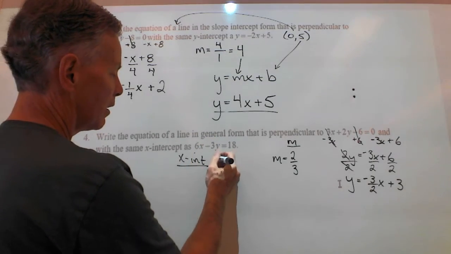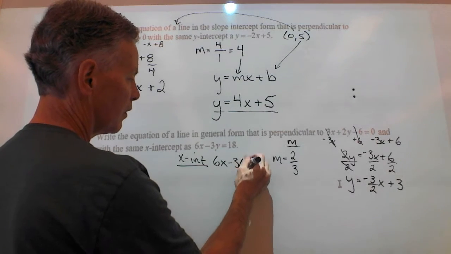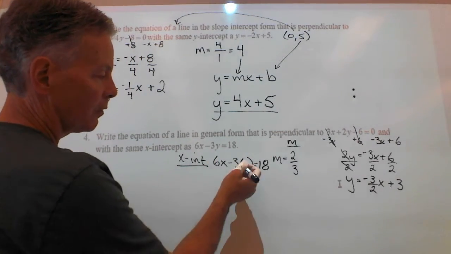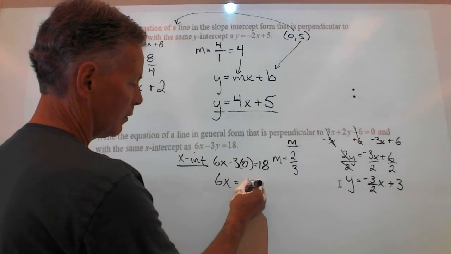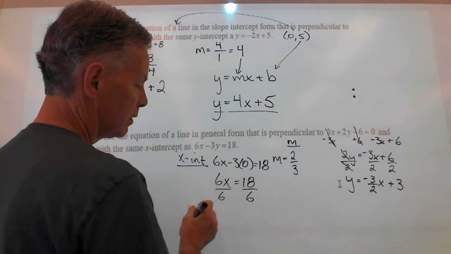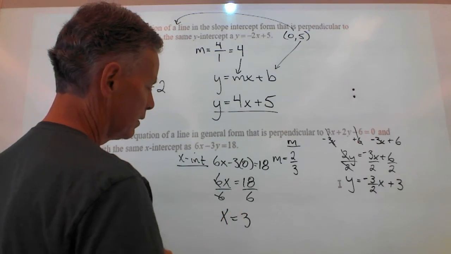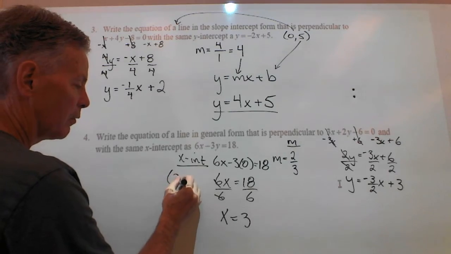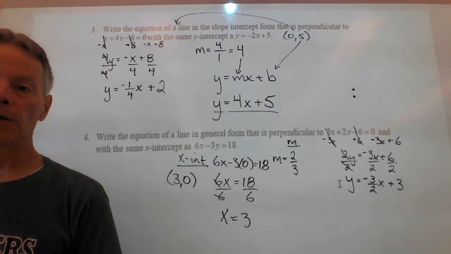So this will become 6x minus 3 times 0 equals 18. Isolate x, well, 3 times 0 is 0. That was easy. 6x equals 18. Divide through by 6 and we get x equals 3. That puts our x-intercept at the point 3 across and 0 up along the x-axis.